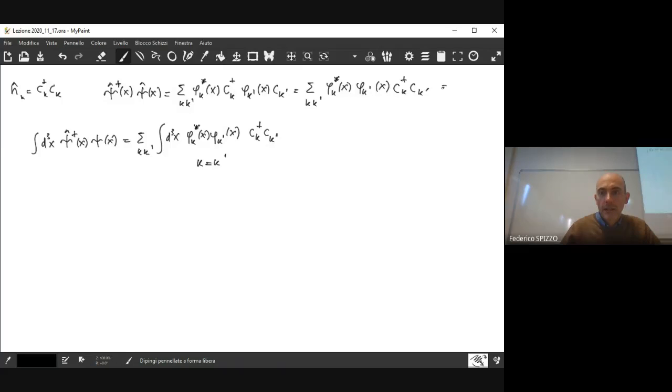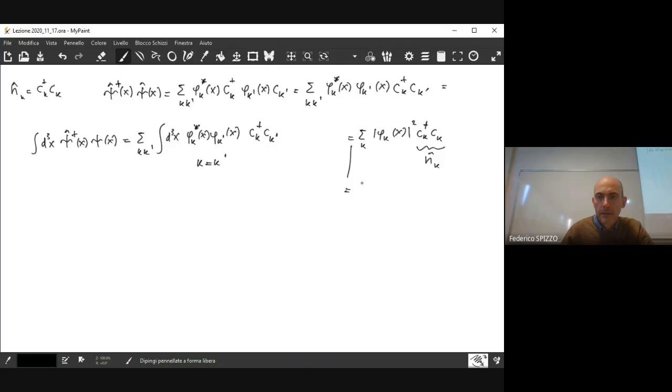So having the fact that we need to perform the integral in mind, we may rewrite this as sum over k of the square modulus of phi k x, c cross k c k, and this is the number of particle operator.